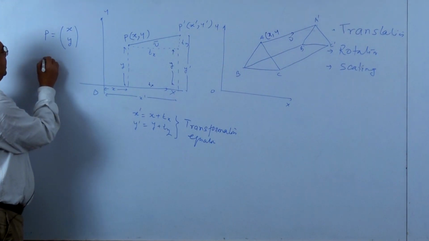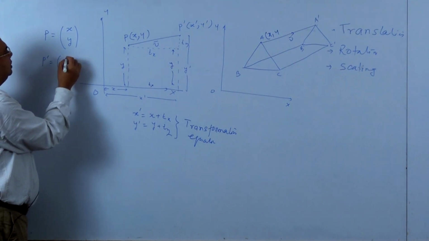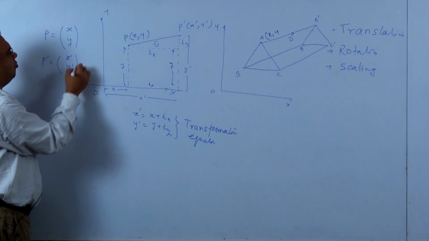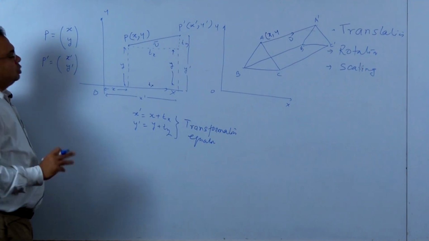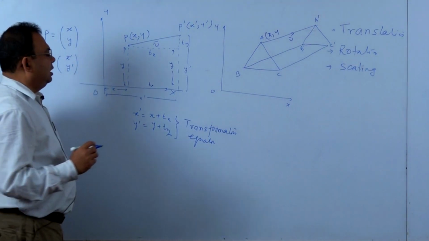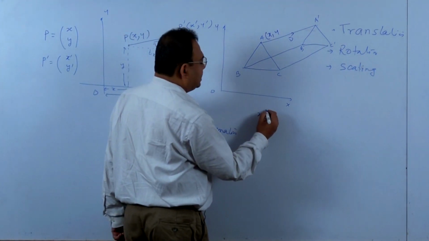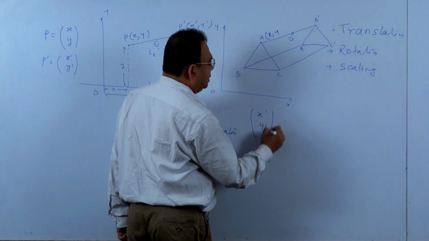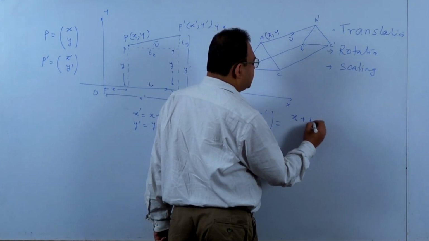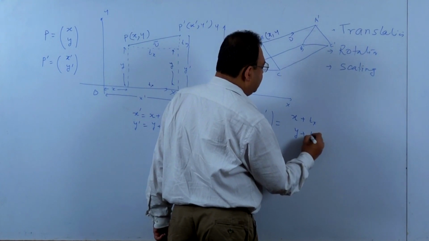In the same way, P dash can be represented as a column matrix x dash, y dash. So we can represent these transformation equations in matrix form as x dash, y dash equal to x plus tx, y plus ty.